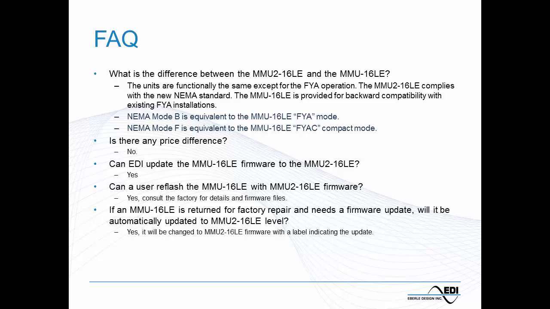Depending on the vintage of the MMU2-16LE that you may have in your inventory, you may be able to update it yourself using our ECOM software. If it's older than 2009, then it has to come back to the EDI factory to be reflashed. But technically, all MMU2-16LEs can be converted to an MMU2-16LE and provide the NEMA flashing yellow arrow.